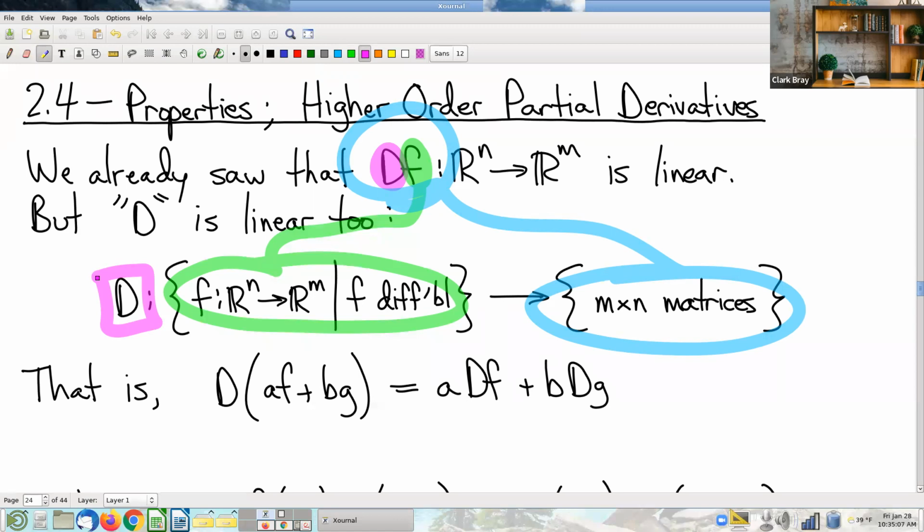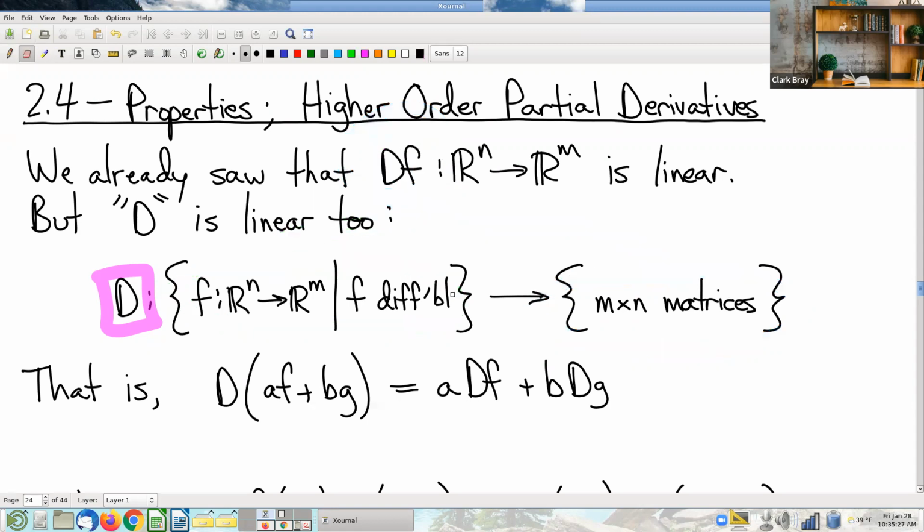It's not like it takes numbers in and gives you numbers out. It takes weirdo things in and gives you weirdo things out. And so people like to think of it as, let's call it, an operation or an operator, or if you want to think of it in whatever way you like, that's fine. But as a function, it is linear, as it turns out.